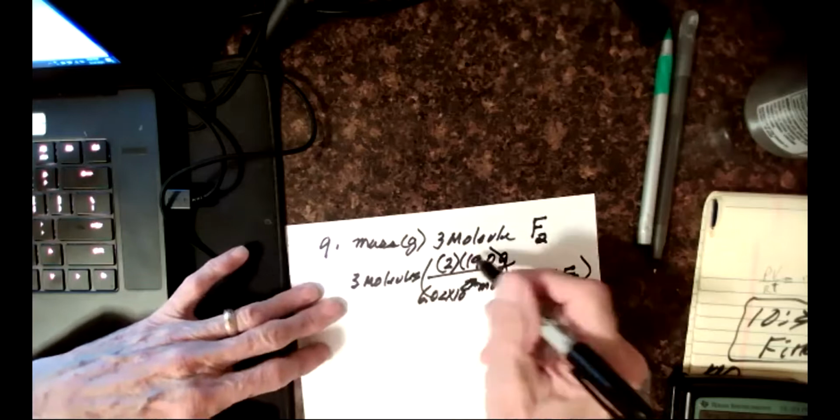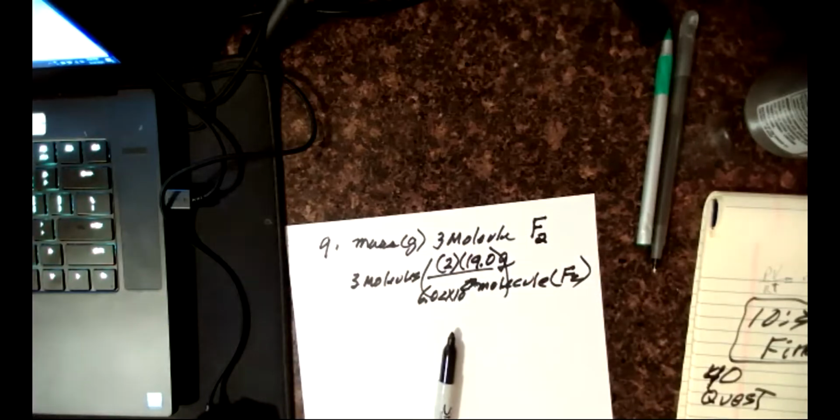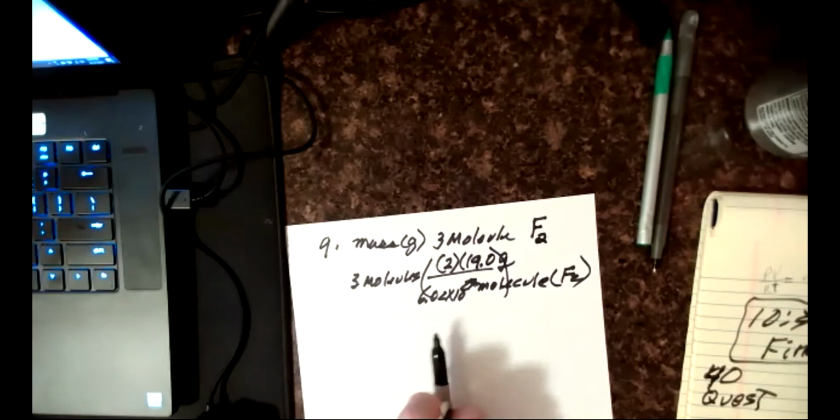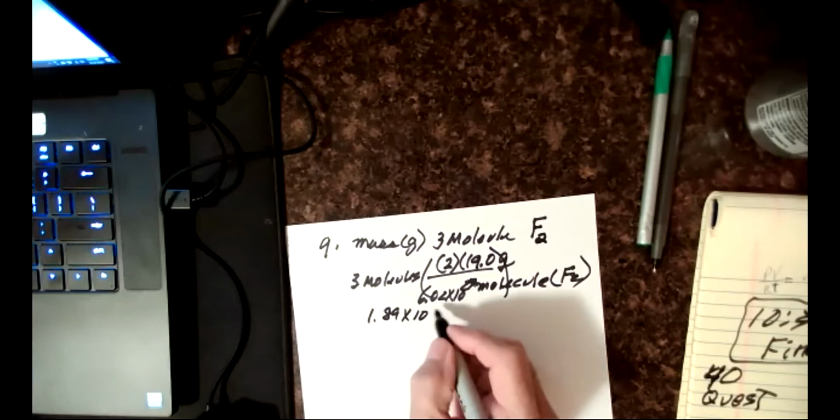So 3 times 2 times 19 divided by Avogadro's number should give us our answer. 3 times 2 times 19 divided by 6.02 with an exponent of 23. So I'm coming out with 1.89 times 10 to the minus 22.